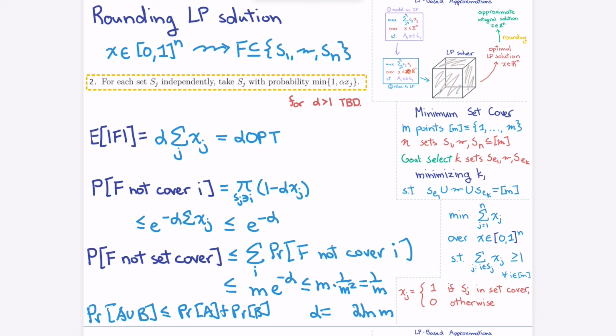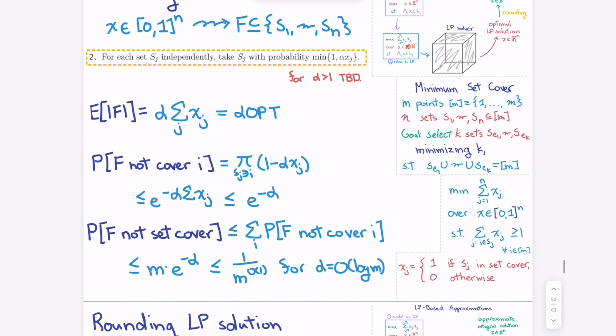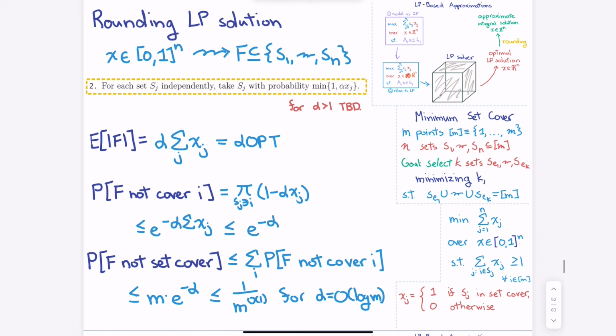And that probability is so small that I can just naively, the union bound is sort of a naive bound, just add them up and it's still good for us. So that's the point. We can actually guarantee that we satisfy all the points simultaneously by taking the union bound.